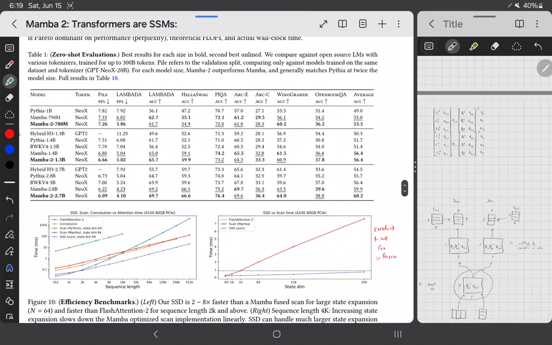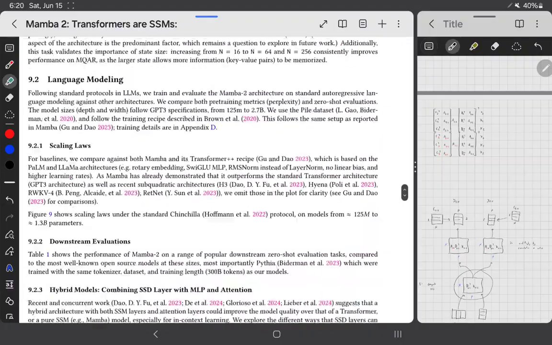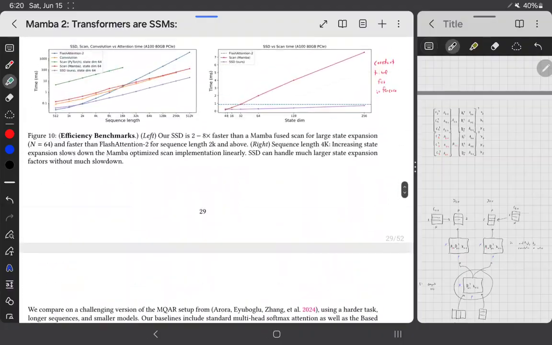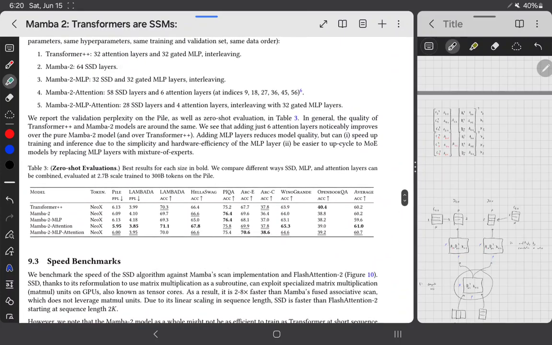They show it performs really well on benchmarks compared to Mamba, or it performs better than Mamba, and it performs really well compared to transformers like Pythia, and other linear methods like RWKV. And they mention it has really good scaling properties. It's just normal benchmark stuff. Of course, they get state-of-the-art and everything. However, it's probably going to be a trade-off.